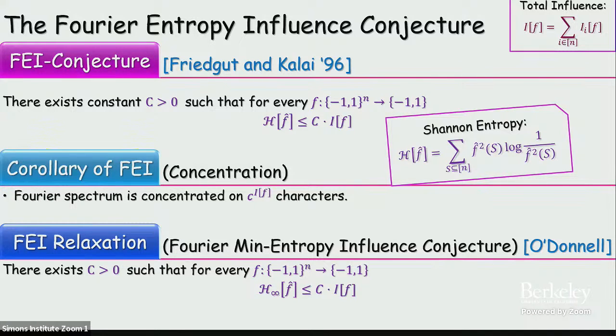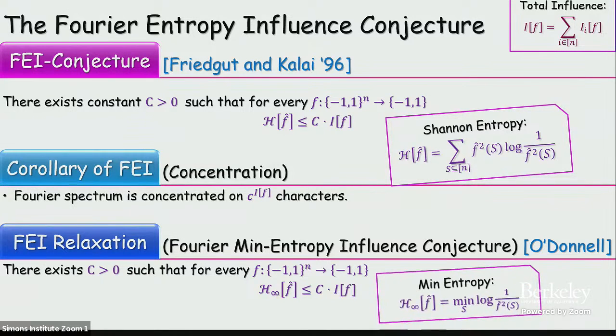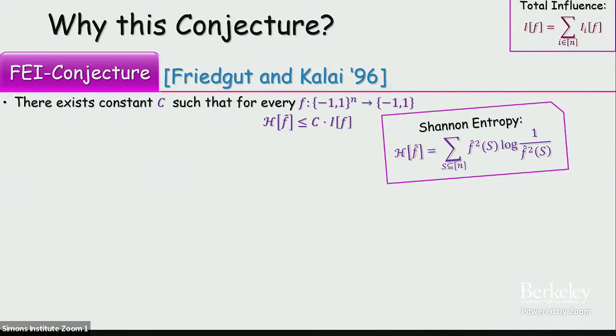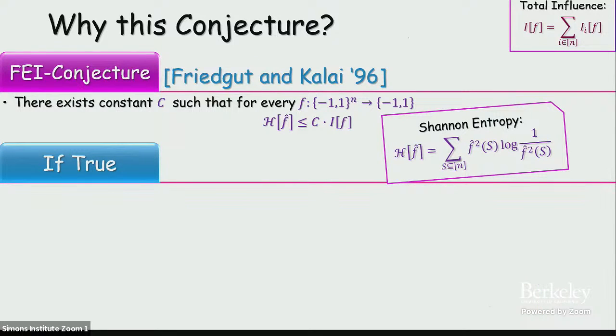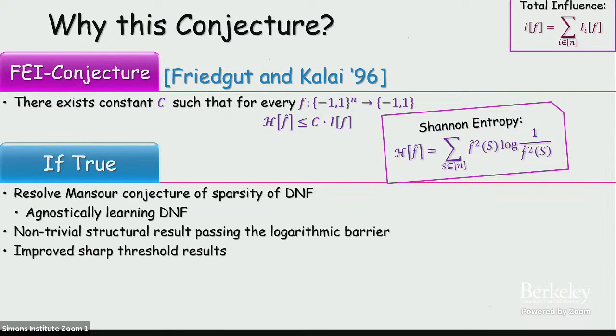So this is another version of the Fourier entropy influence conjecture. If this is true, we'll also have agnostic learning for DNF.